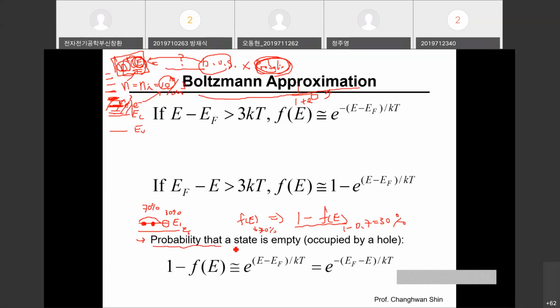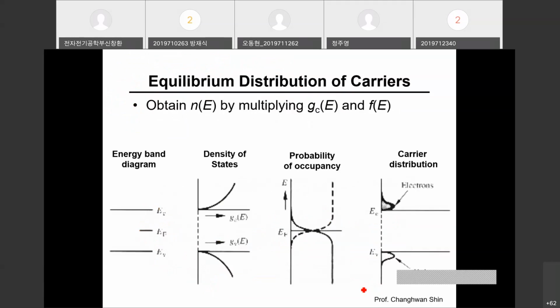So here, the probability that a certain energy state is empty, which means a certain energy state has a hole, or that certain energy state is occupied by a hole, is 1 minus f of E. And f of E is the probability of finding an electron, right? So 100% minus the probability of finding an electron is identical to the probability of finding a hole. Okay, so you can write down the equation for finding a hole. So that's the Boltzmann approximation, right?